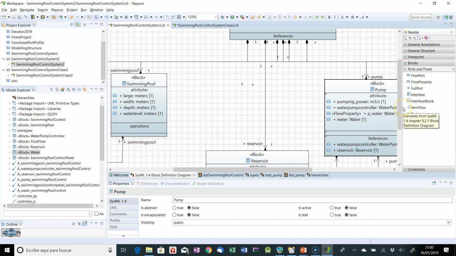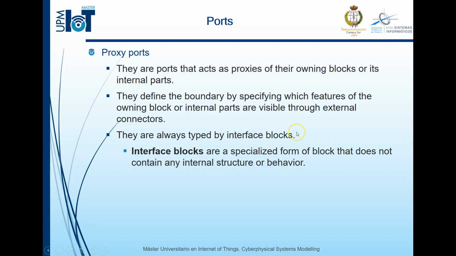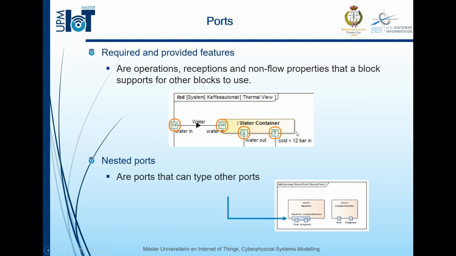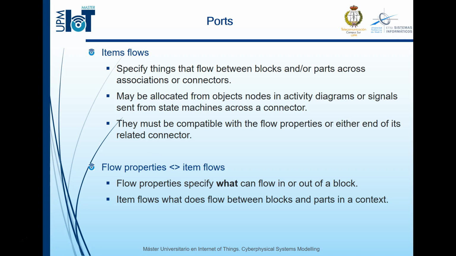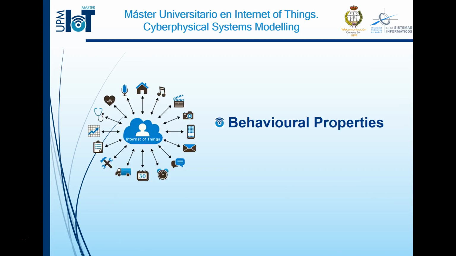You have an interface block where you define the elements you are exposing from inside, the components you are exposing from inside. And that's all, because item flows is something that we mentioned before.